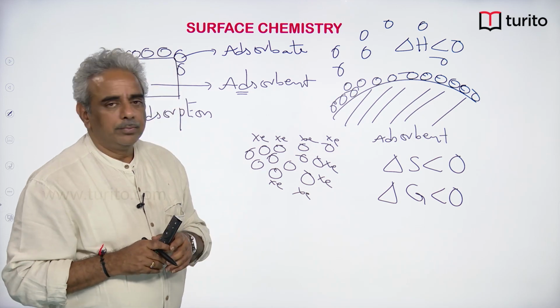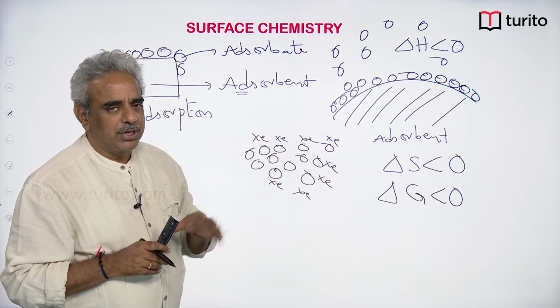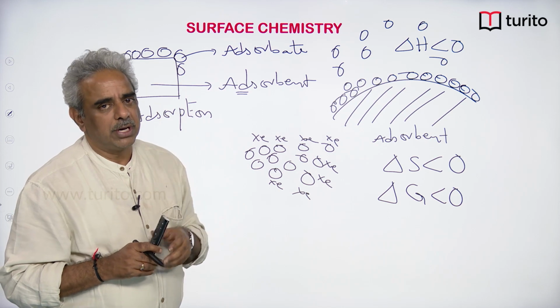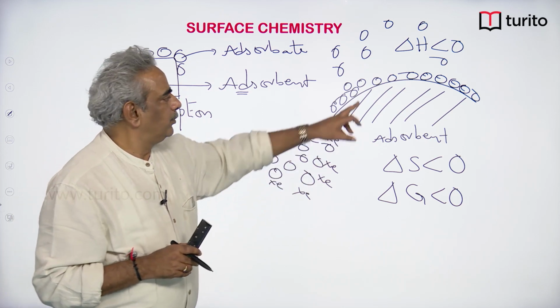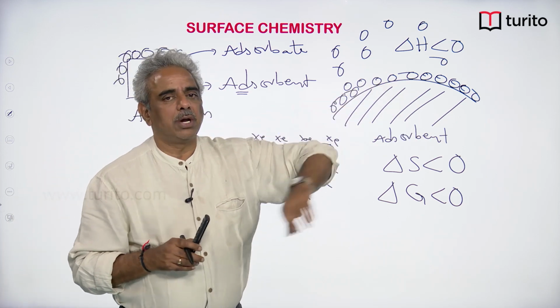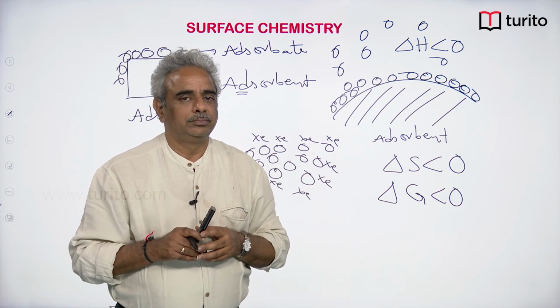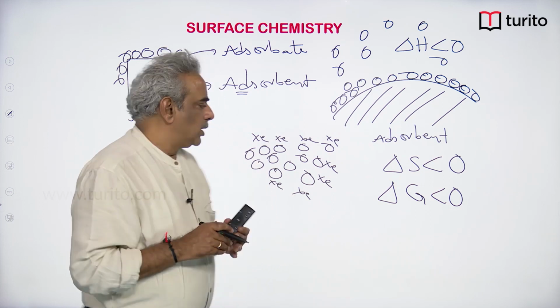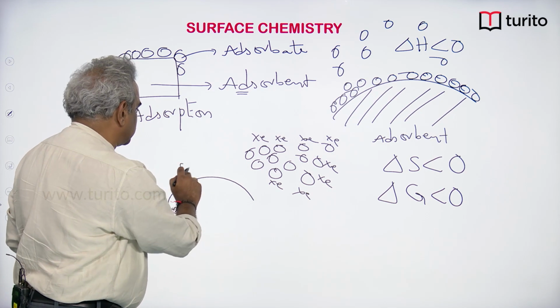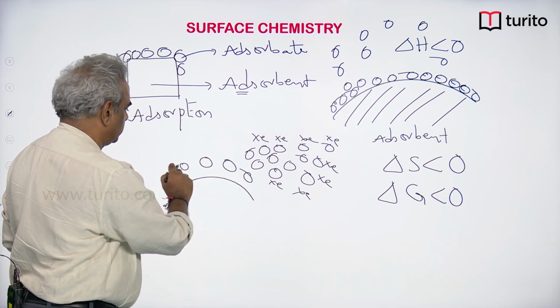Now coming to the classes of adsorption, we have two varieties of adsorption based on the type of attraction between adsorbent and adsorbate. Basically the surface may attract the adsorbate through van der Waals force.